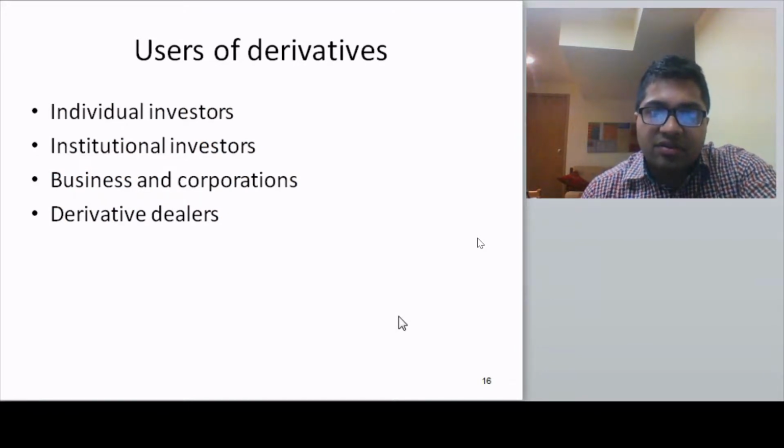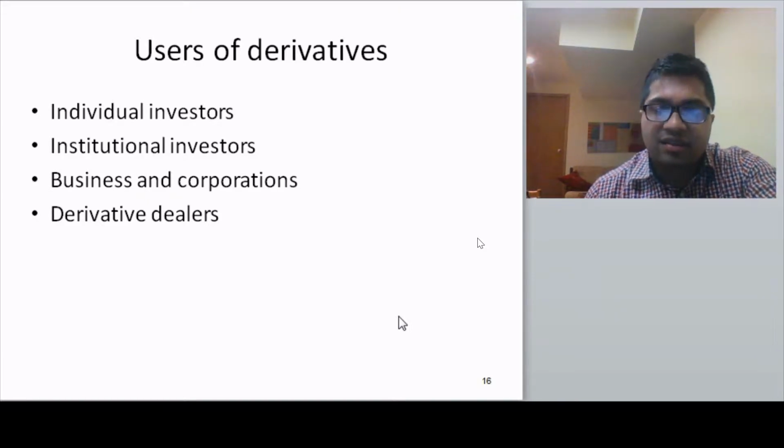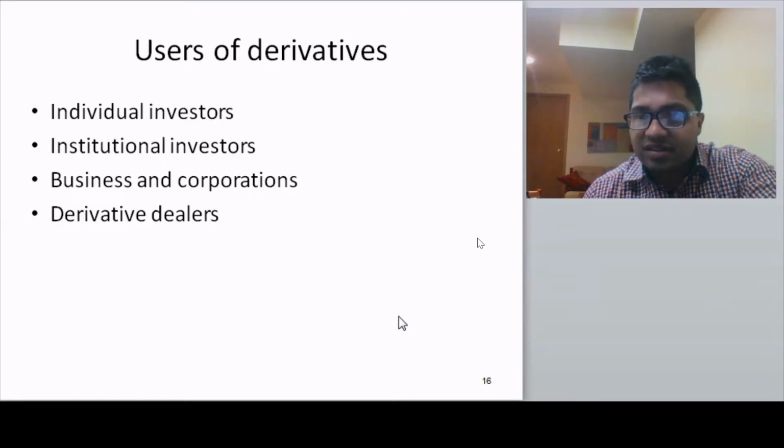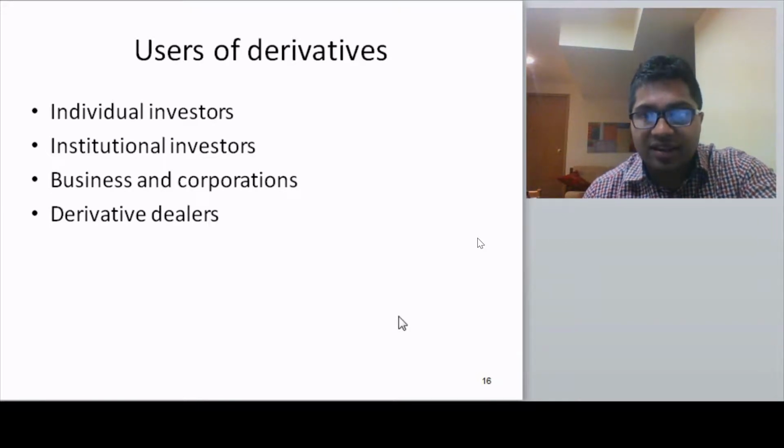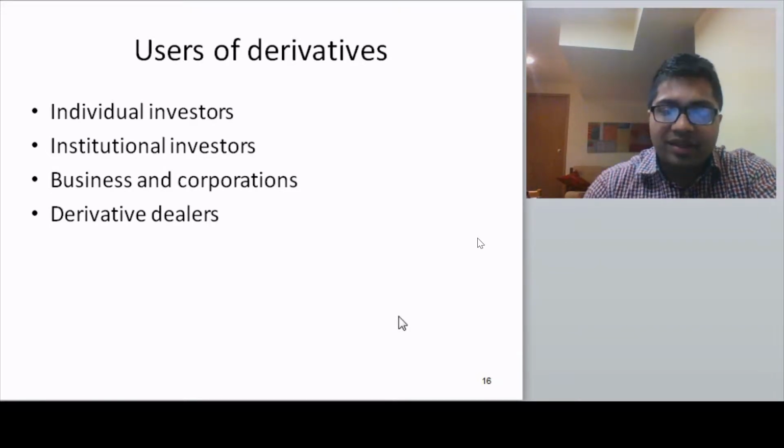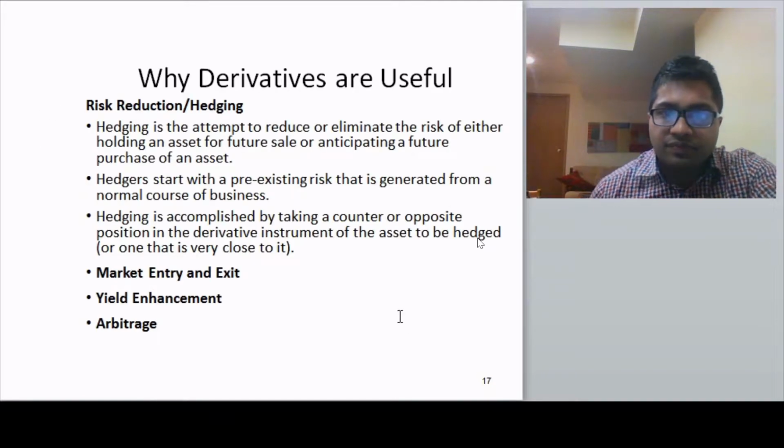Uses of derivatives, so there can be different users. Individual investors, small retail investors, can speculate on derivatives. There can be institutional investors like pension funds, mutual funds and hedge funds. There can be businesses and corporations who buy currency derivatives or interest rate derivatives because they're covering their risk, or there can be derivative dealers.